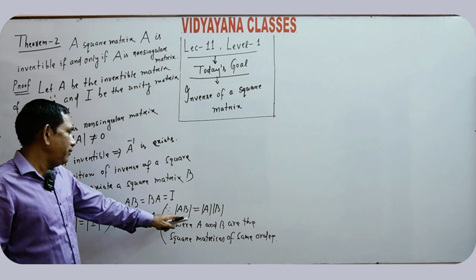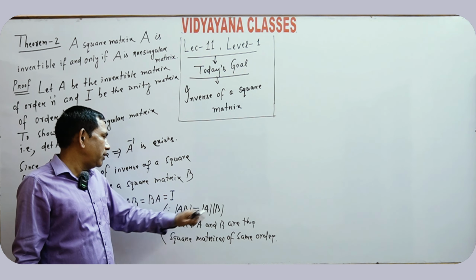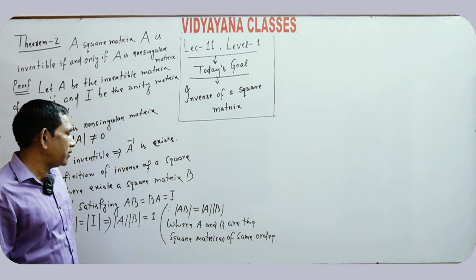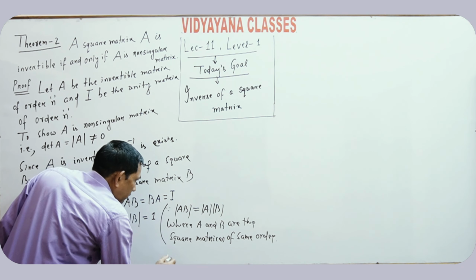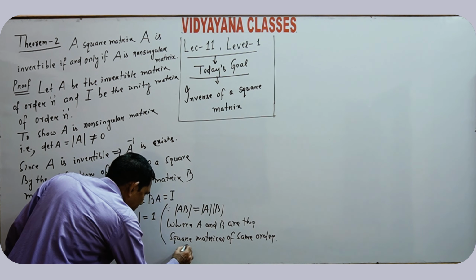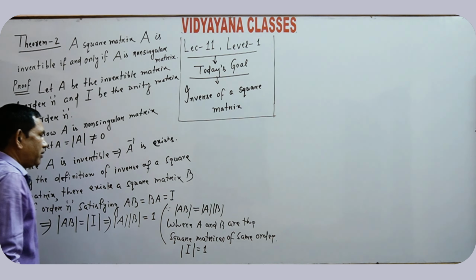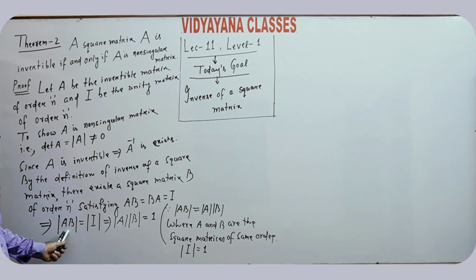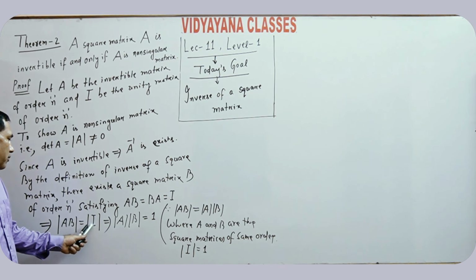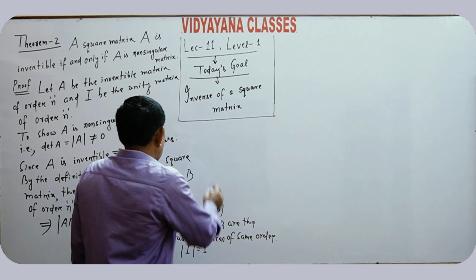It is defined by determinant of AB is equal to determinant of A into determinant of B, where A and B are the square matrices of same order, and determinant of unit matrix is equal to 1. Clear?